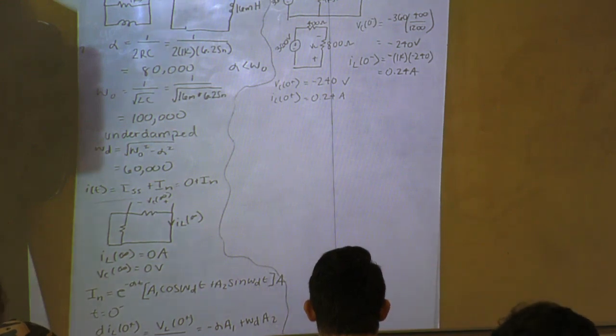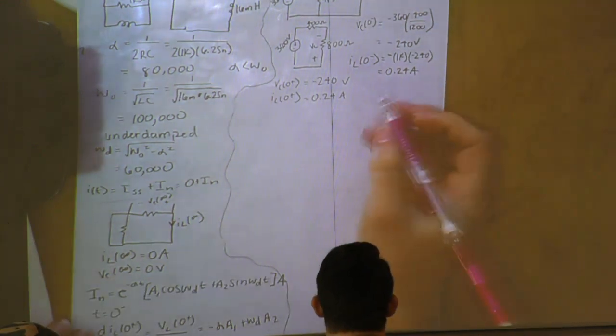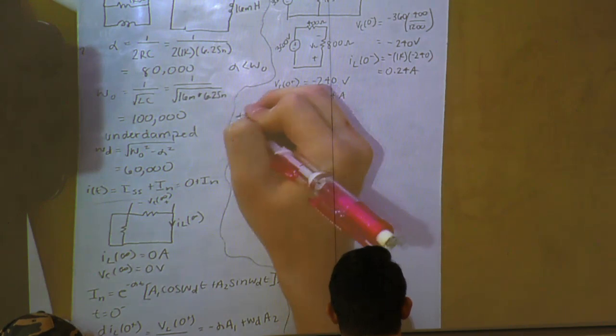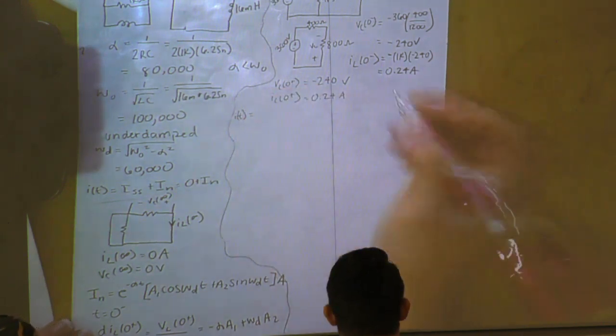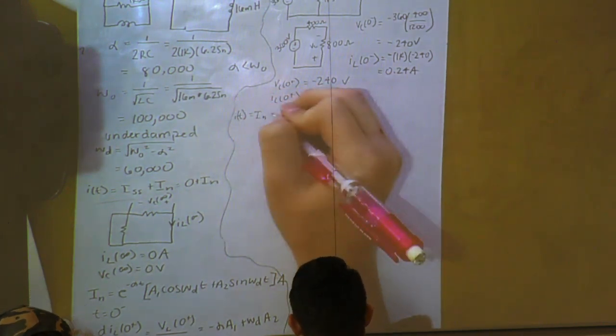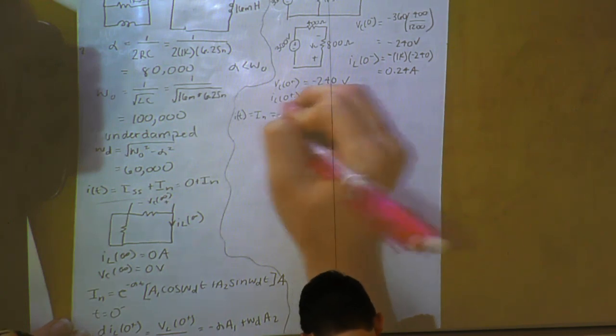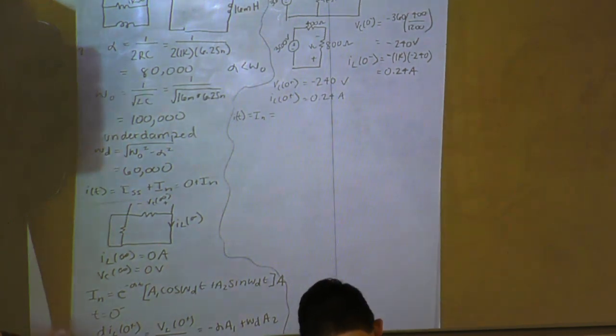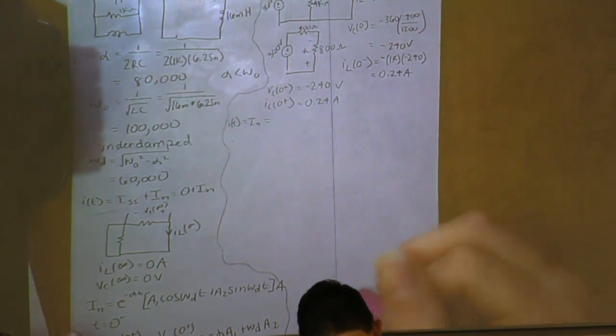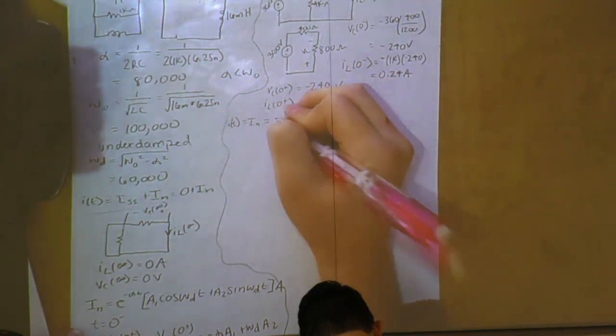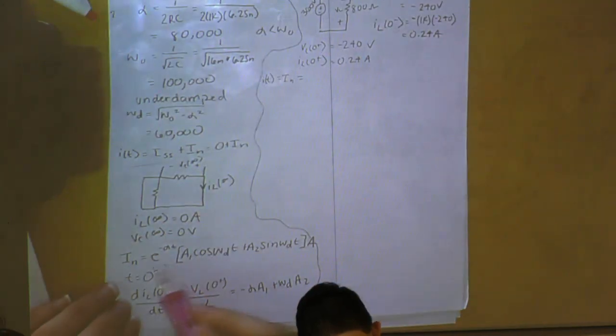Now A1. So our I of t is technically just equal to I of n. And our I of n, where t equals 0, the exponential function just turns to 1. We can ignore that part.